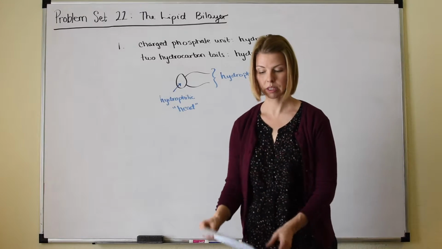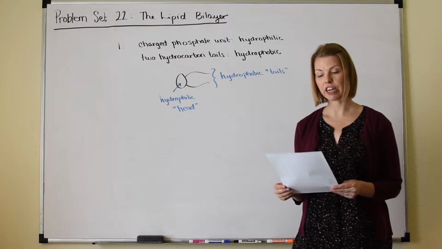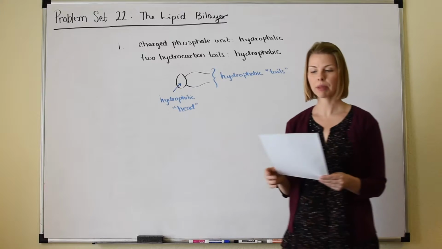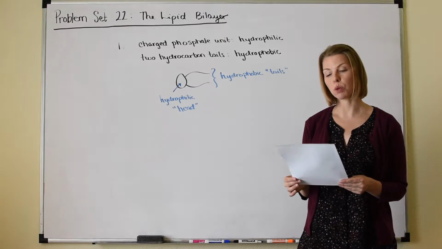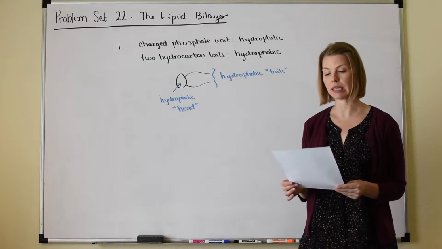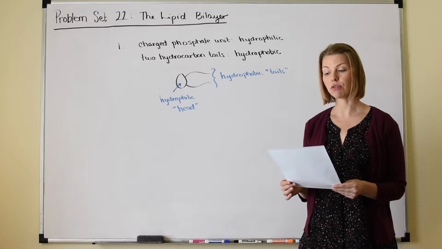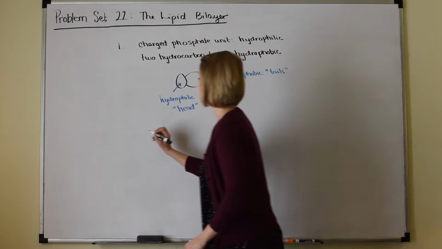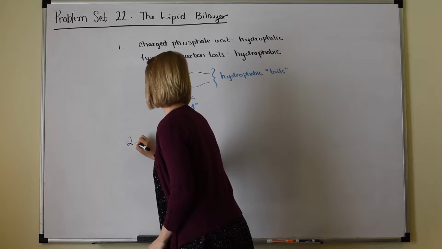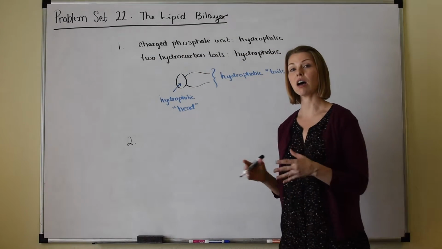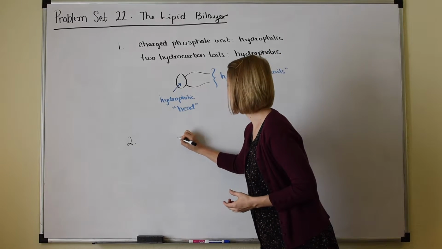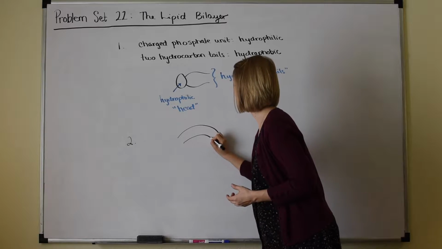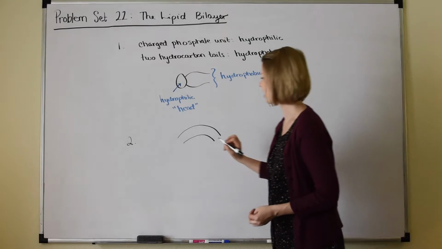Number 2. Using the generic head and tail diagram for phospholipids, like what we did here, show how 2 layers will coagulate together to form the lipid bilayer, labeled the hydrophobic and hydrophilic regions. Okay, so for number 2, we're going to draw a portion of a cell membrane. We'll keep it kind of small, otherwise this problem will take too long.